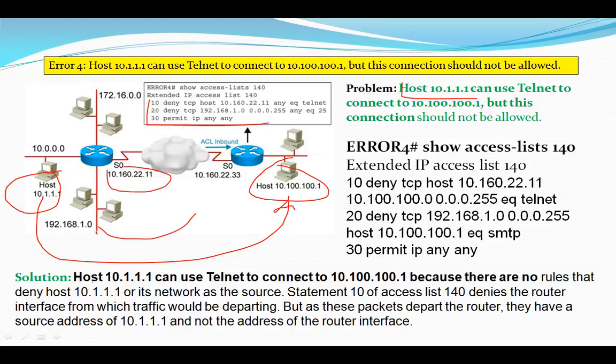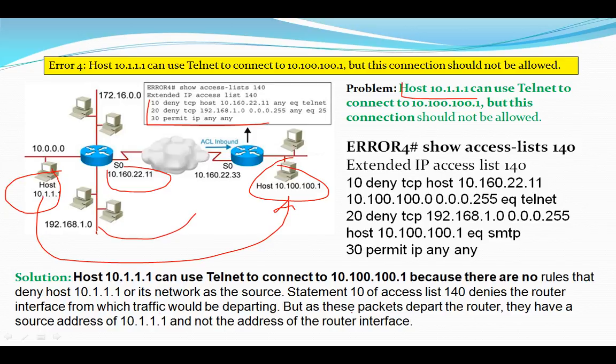As you can see here, host 10.1.1.1 can use telnet to connect to this network, because there are no rules that deny host 10.1.1.1 or its network as the source. In this scenario, the 10 network is not blocked or denied anywhere as a source. Statement 10 of access list 140 denies the router interface from which traffic would be departing.